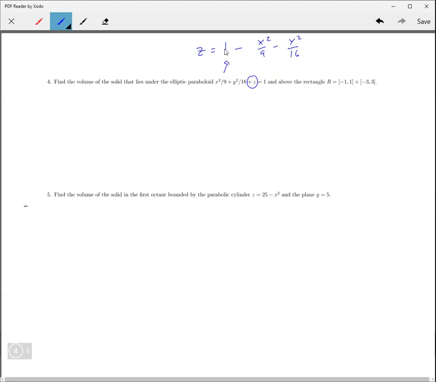All right. So all the points in this rectangle are above the xy plane. Okay, so that means that the volume is going to be just the integral over this rectangle of this function here.